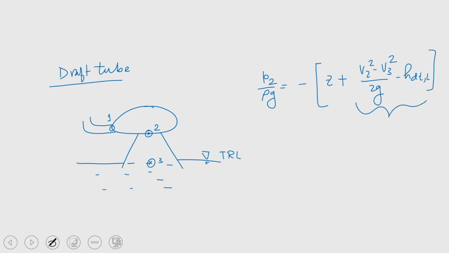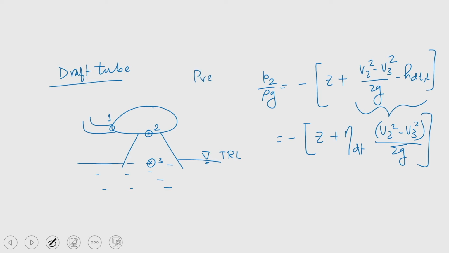This particular term also can be written as draft tube efficiency into (V2 square minus V3 square) divided by 2g. So, this is what we have seen in the last class, the pressure head at point 2.